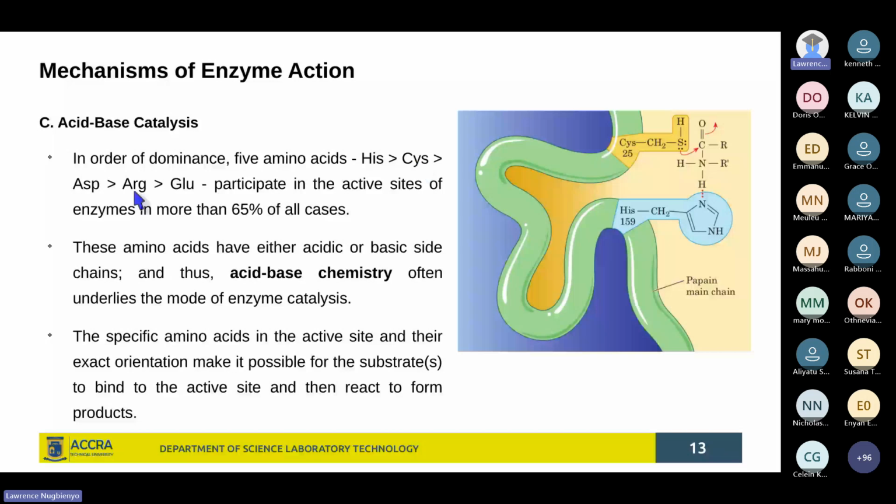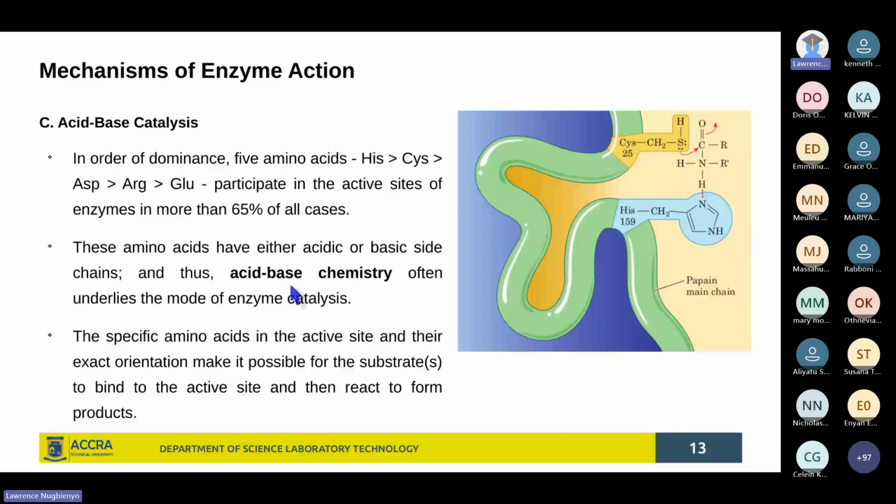These 5 are found to dominate the active center of enzymes. And in their functions in that active site, you realize the reactions that take place in the activity of the enzymes involve acid-base reactions, which we refer to as acid-base catalysis.